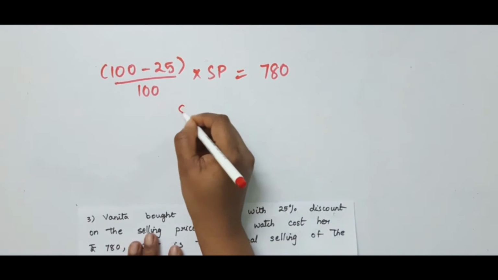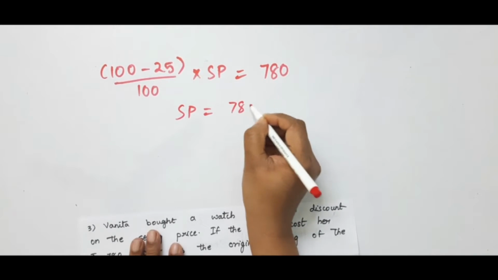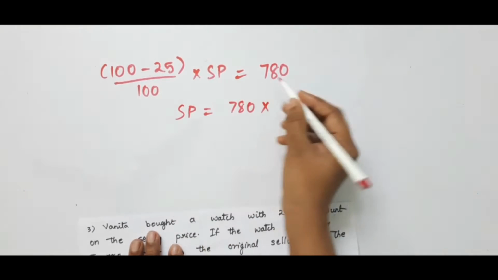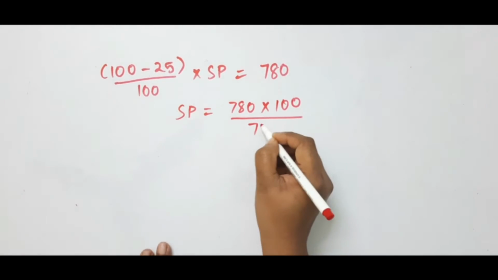So now the selling price is equal to 780 into 100, which comes to the numerator, by 100 minus 25, which is nothing but 75.